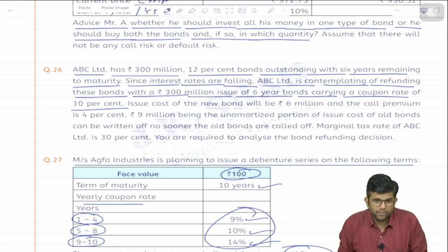If you have to refund Bhavani midway, can I say she will not be happy with just the redemption value? She will want the market value, or she might want more premium because I'm calling her bond midway. There could be a premium on callback that I have to pay extra just for refunding her money before time. I hope you are able to understand.